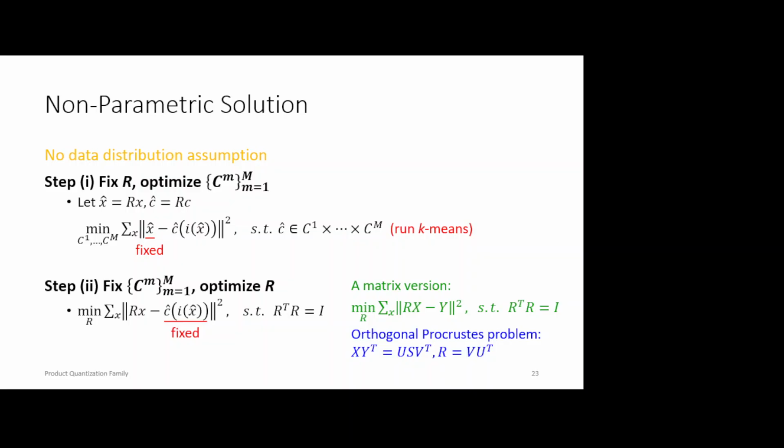So you find the optimized R, and then you can go back to find the optimized C, then optimize R again. Repeat until it converges. So it's called the non-parametric solution.